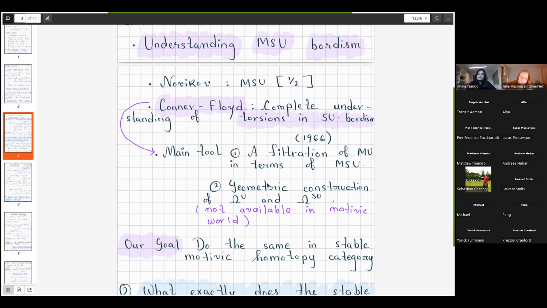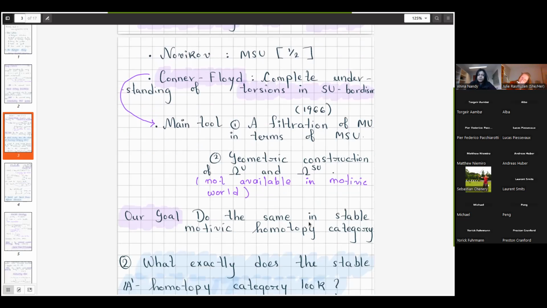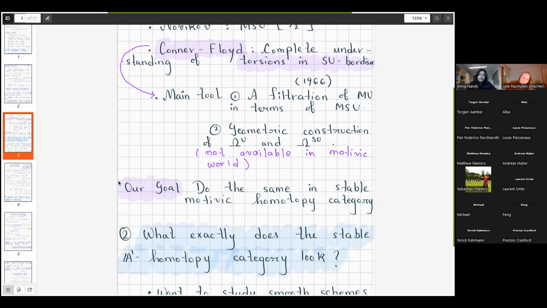They also very explicitly used the geometric construction of complex and special unitary bordism rings, which we still do not have in algebraic geometry. So we'll not go into that in this talk. We'll talk about whether we can extend this filtration of MU in terms of MSU, in an appropriate way, in the stable A1 homotopy category.